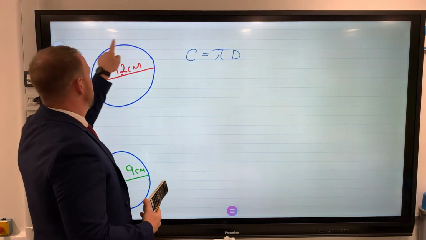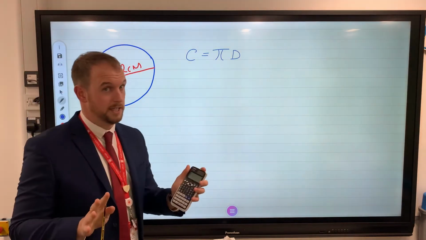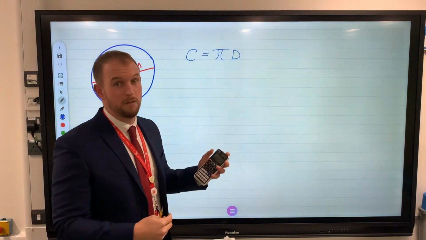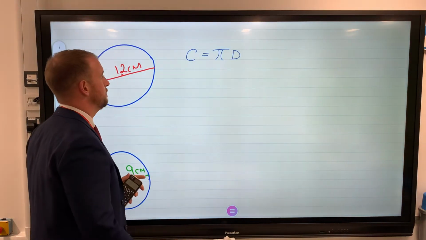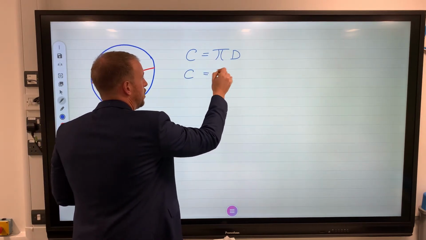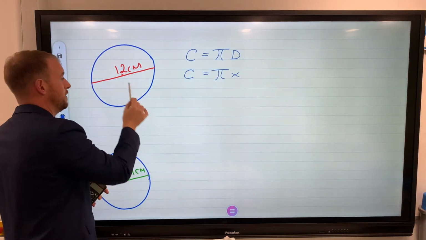You can have the circumference divided by the diameter, regardless of its size. The circumference divided by the diameter gives us the value of pi, and that's where it came from. But we use it to help us to calculate the circumference. So there's our formula.